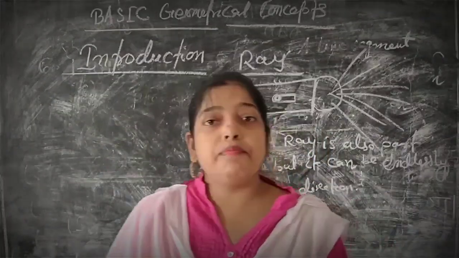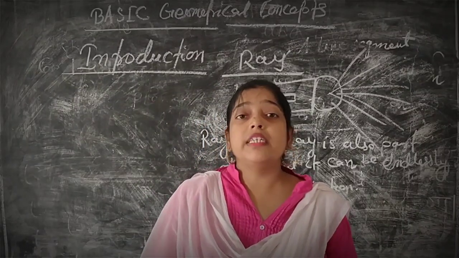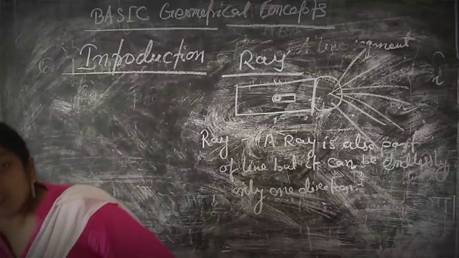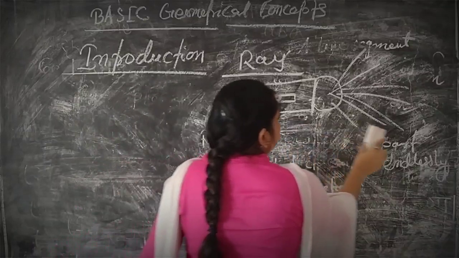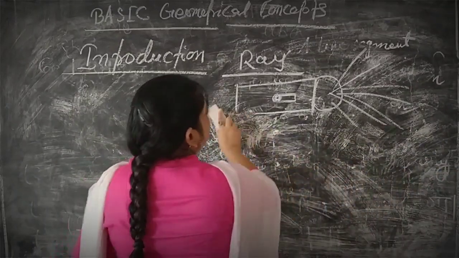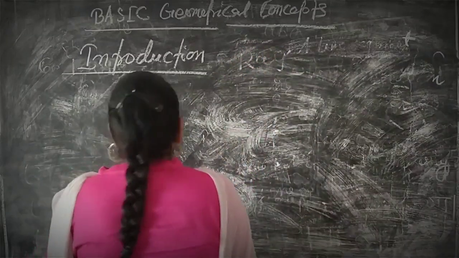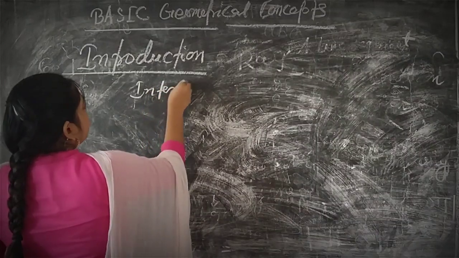Scissors are an example of intersecting lines. Now we write the definition of intersecting lines.